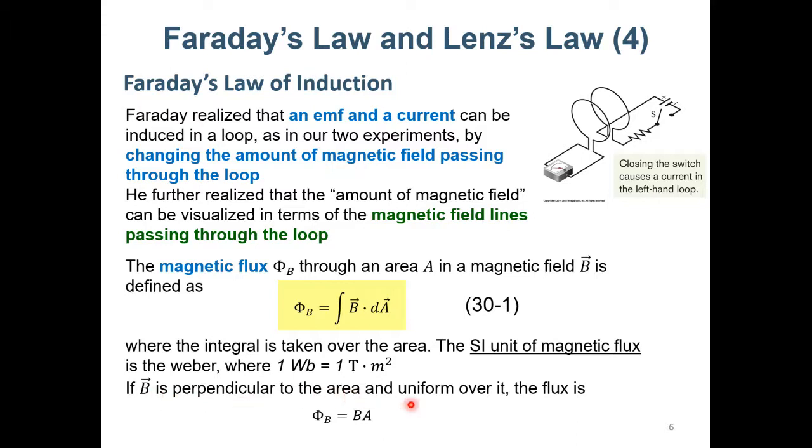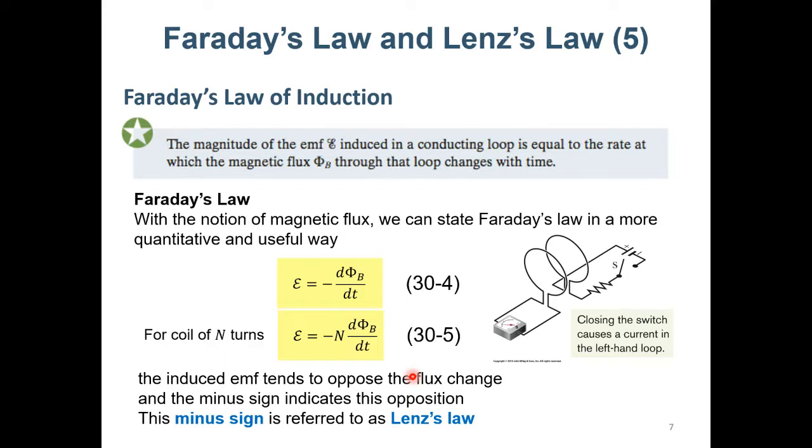If B is perpendicular to the area and uniform over it, the flux is simply the multiplication of the magnetic field and the area. Actually, magnetic flux is a scalar, similar to the electric flux. So for Faraday's law of induction, the magnitude of the EMF induced in a conducting loop is equal to the rate at which the magnetic flux phi B through the loop changes with time.